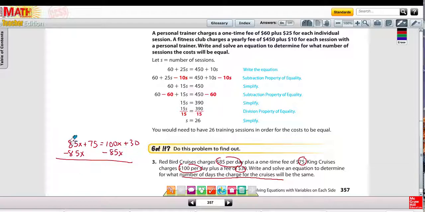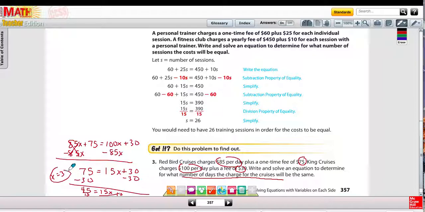What I have left then is 75 equals 15x plus 30. Subtract 30 from both sides, and we get 45 equals 15x. Divide by 15, divide by 15, x equals 3.